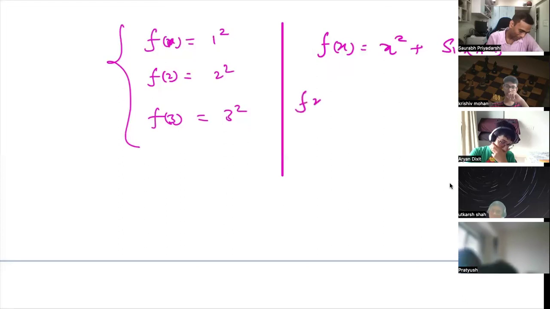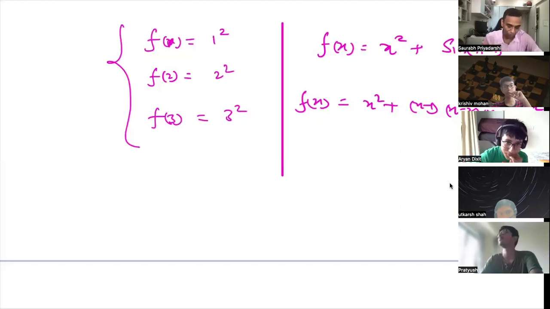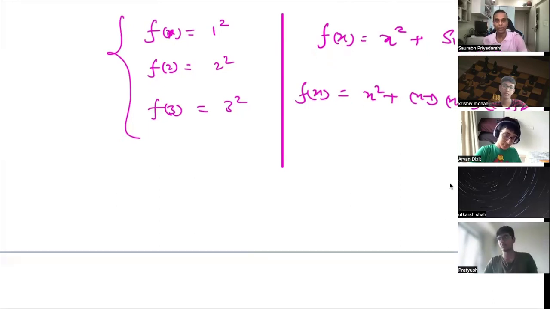Maybe f(x) is equal to x square plus (x minus 1)(x minus 2)(x minus 3), into ln x into e to the power x. It can be anything, sir, any question. So with a few values, we can't say exactly how that will work. So the chances of being wrong, maybe 100% wrong, increase.